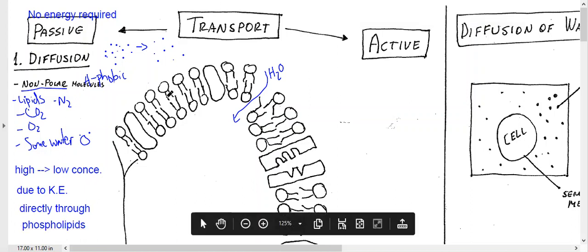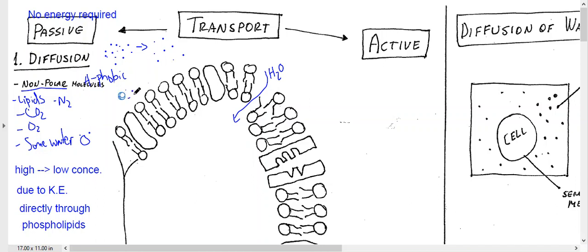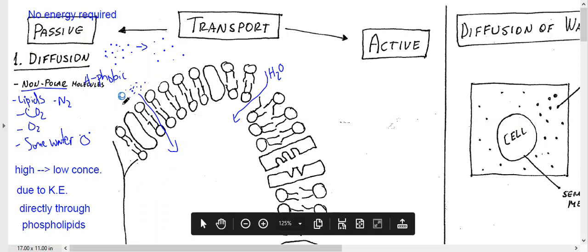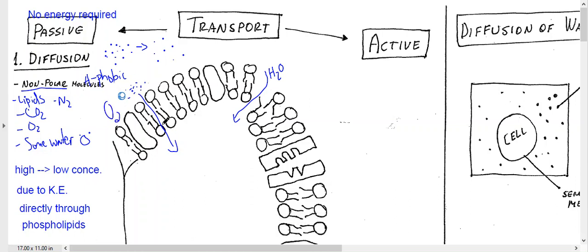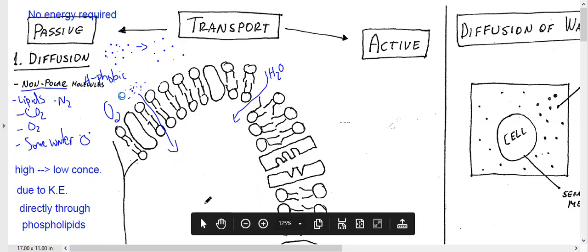So let's go ahead and add some of those to this drawing. Usually, oxygen is going to be in high concentration outside the cell, and the cell needs to import that. So we're going to have a high concentration of oxygen outside, diffusing along its concentration gradient. Again, the concentration gradient just means going from a high to a lower concentration into the cell.